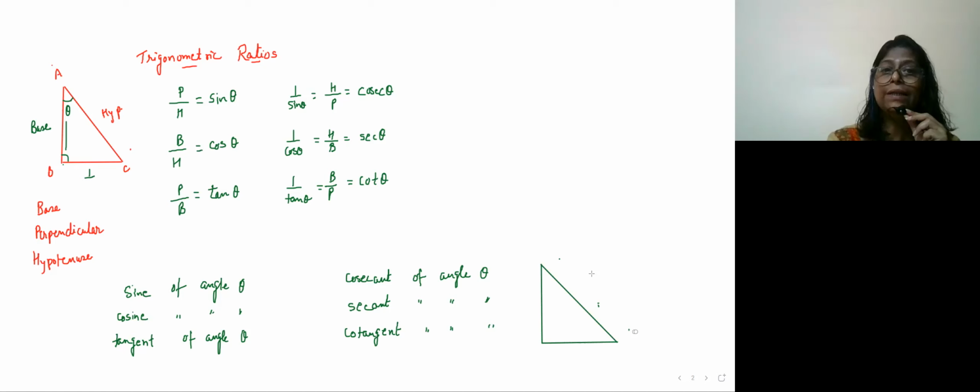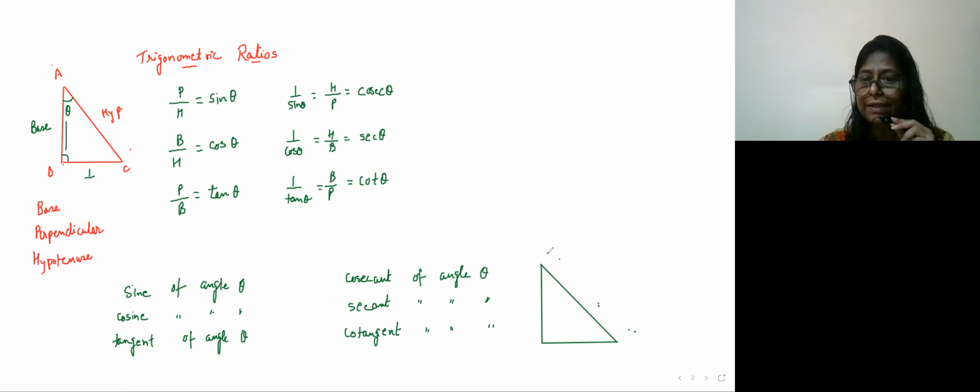If I write here A, B, and C, this is a right angle triangle, and if we consider this angle as theta, which one is the base now? The side where 90 degree and theta both are lying, that will be your base.